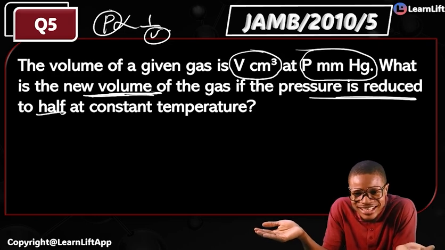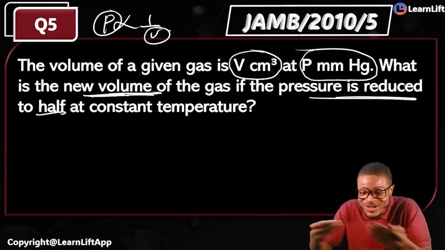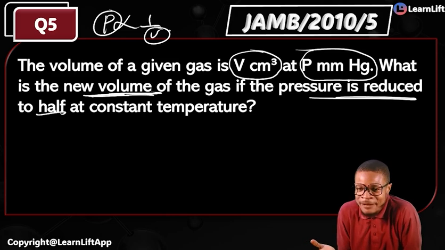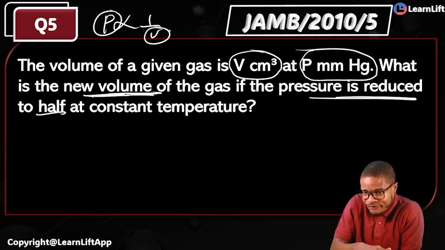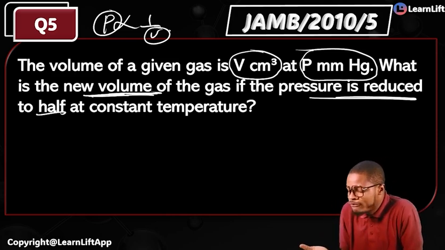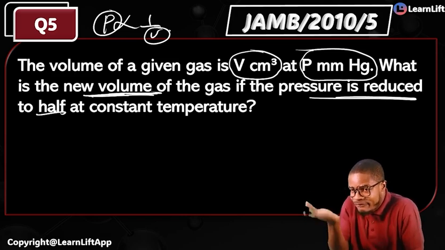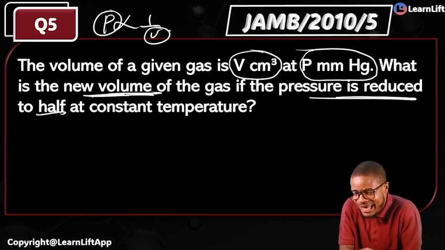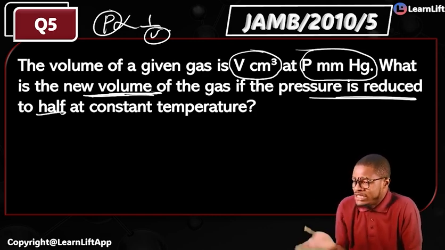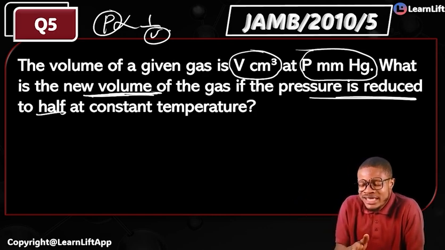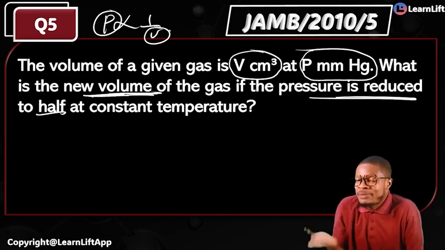Simple thing. We have only used logical explanation to get this answer. If pressure decreases by half, volume will increase by that same factor. So if pressure decreases by 3, volume will multiply by 3. If pressure decreases by 2, volume will multiply by 2.